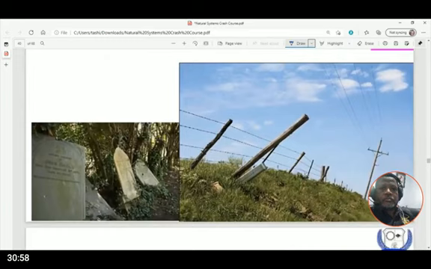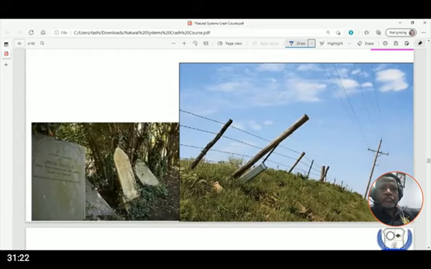Some actual real life examples are like this. So these are gravestones. So the gravestone itself actually has moved. So, you know, sometimes you probably go to a graveyard to visit a family member that has passed, and you notice that the gravestone has actually shifted.